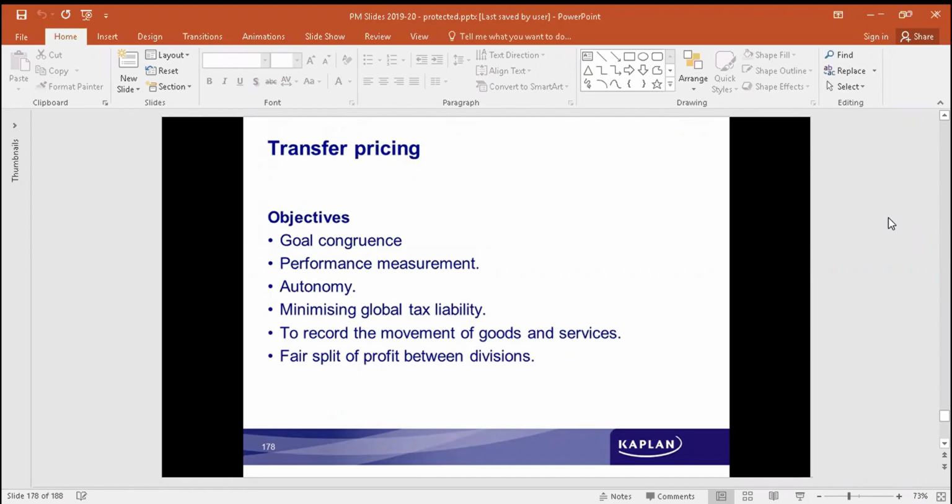So goal congruence: everybody has to aim at achieving the organizational objectives, understanding them on the same level and same note. So that's about goal congruence.